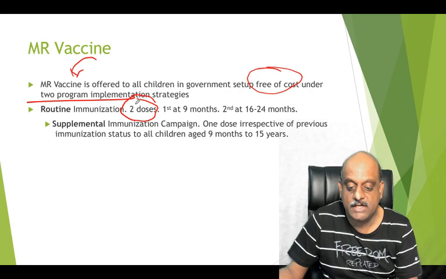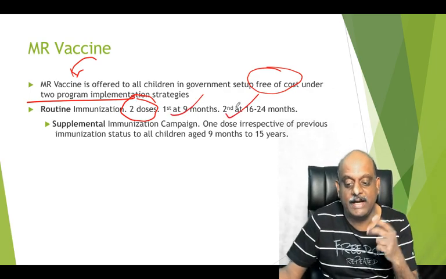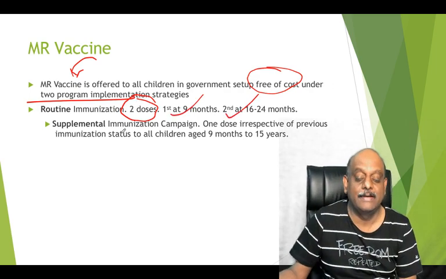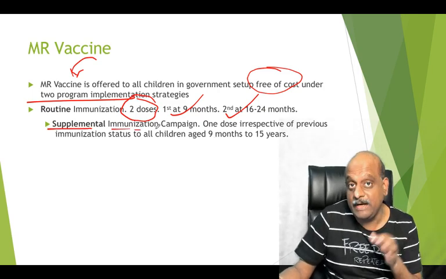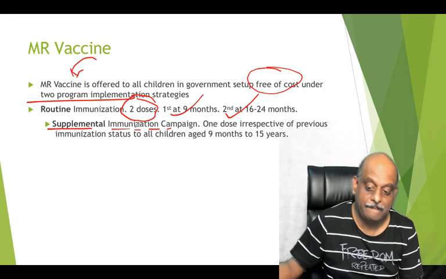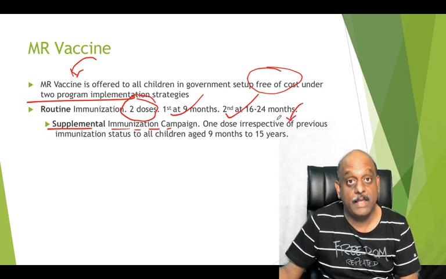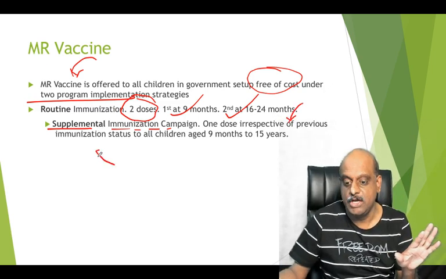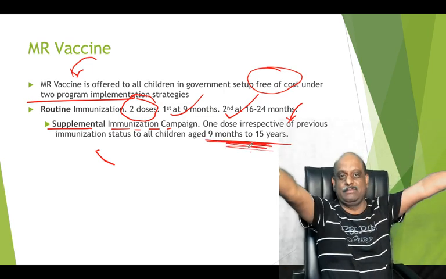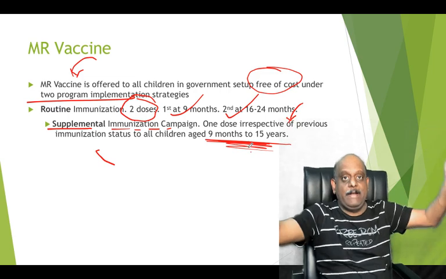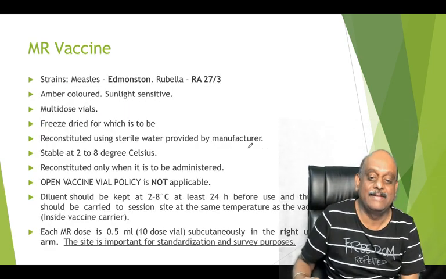So routine immunizations are 2 doses, first at 9 months, second at 16 to 24 months. And there will be a supplemental immunization coverage: 1 dose, irrespective of the previous status, to all children between 9 months to 15 years.